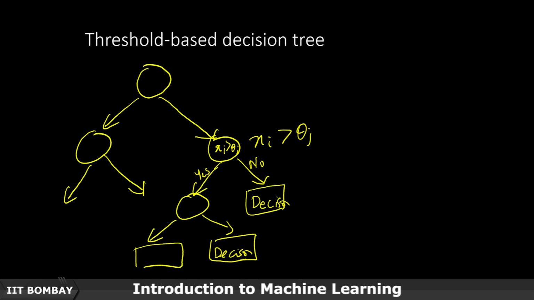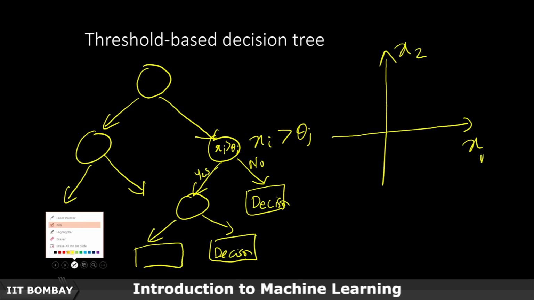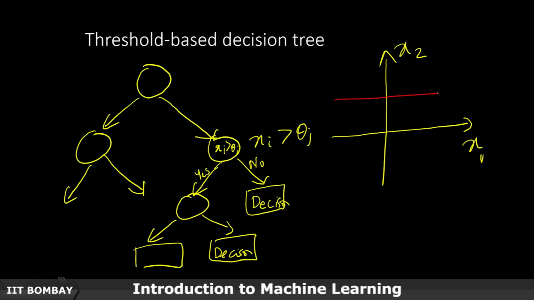Now what does the hypothesis space look like? So basically what we will have is, let's say if we have only two variables, which is all I can draw. So if I have x1 and x2, your root node is going to select either x1 or x2, and if it has selected x2, then it will basically draw a line which is parallel to the x1 axis, which will divide the points.